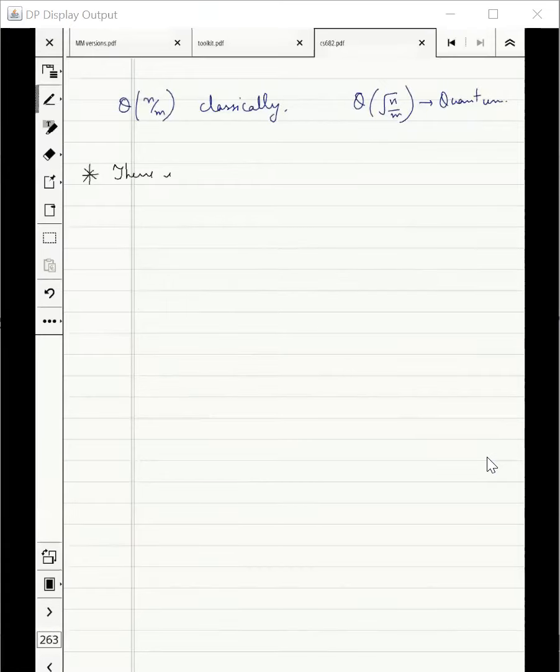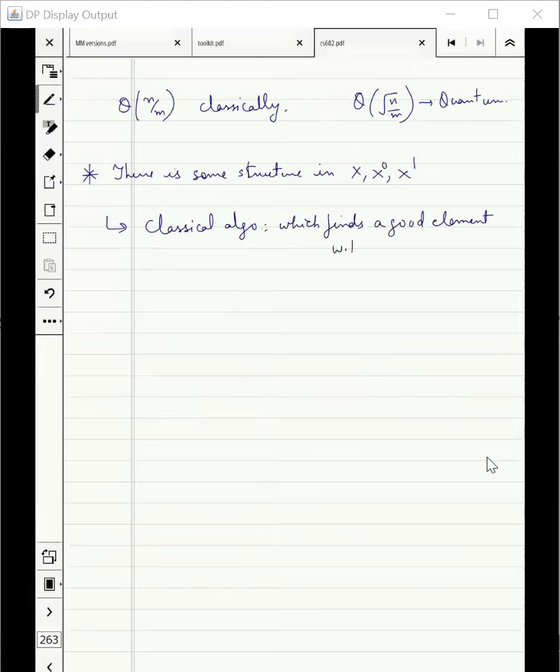there is some structure in this x0, x1. Let's not worry about what kind of structure there is, but then there is a classical algorithm which finds a good element with probability q.